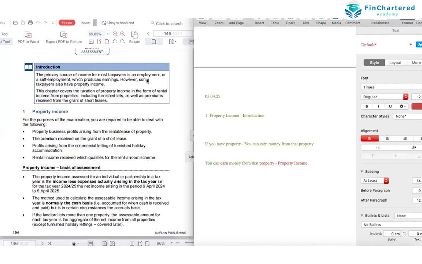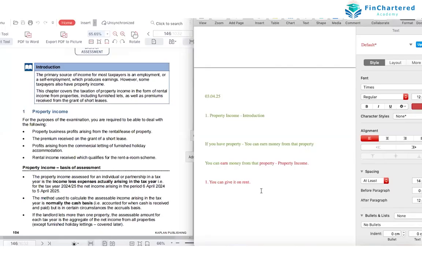How do you think you can earn from that property? You can earn from that property in multiple ways. Number one, you can give it on rent. All you have to do is open 99 acres or Magic Bricks, advertise our house on rent, and somebody will come and take the house and pay us monthly or quarterly rent. Here in Chennai, at least I pay monthly rent. Where I used to live before, we used to pay quarterly rent.